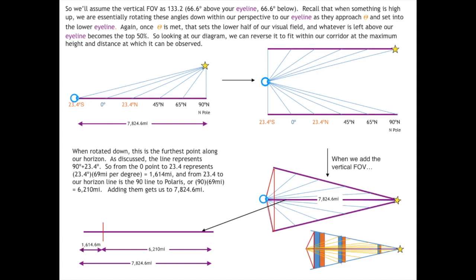And adding them up gets us our 7,824.6 miles. As you can see on the lower left, we've outlined how those distance relationships work themselves out. The red line represents that vertical line dropped from that 6.6 degree triangle along 23.4 degrees, dropping it down perpendicular to the eye line.